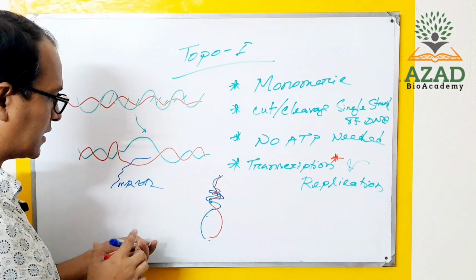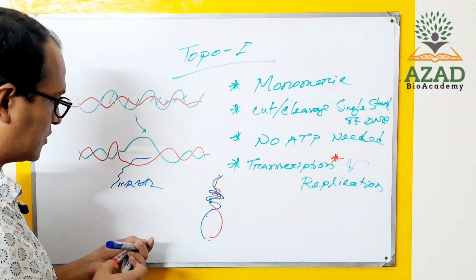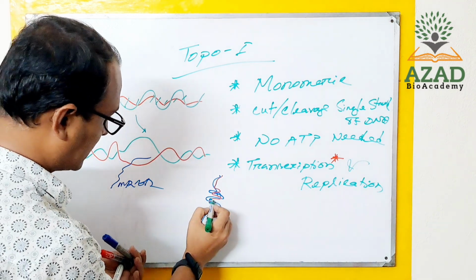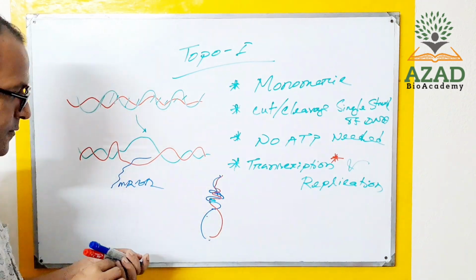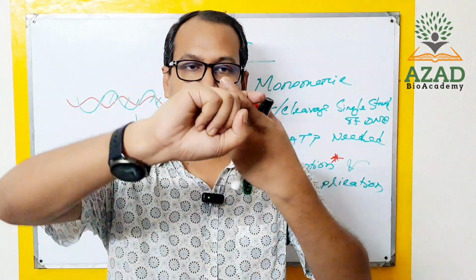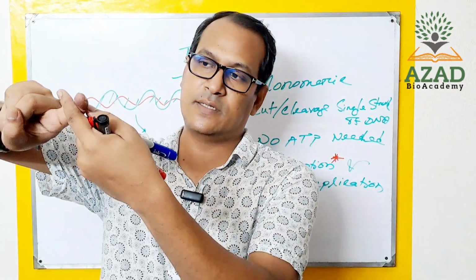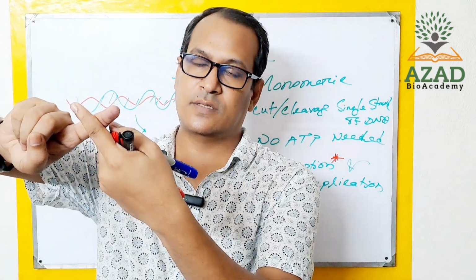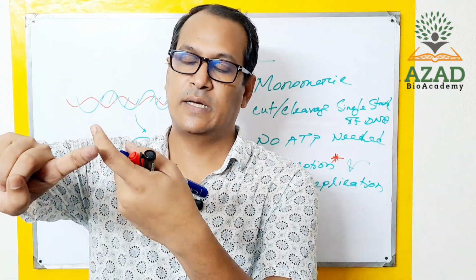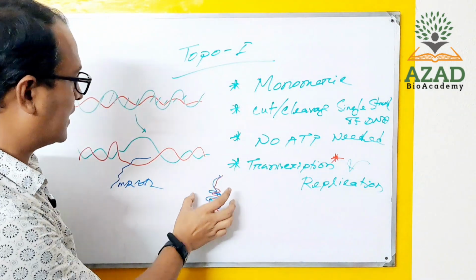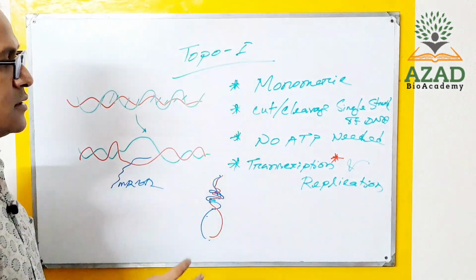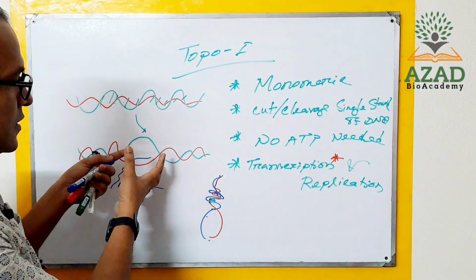So you can consider this a topoisomerase enzyme, and that will cut a single strand. Suppose just like that. If you cut that strand, then it will come out from that part, and again it will be like that. So that problem will be solved by topoisomerase 1 during transcription.